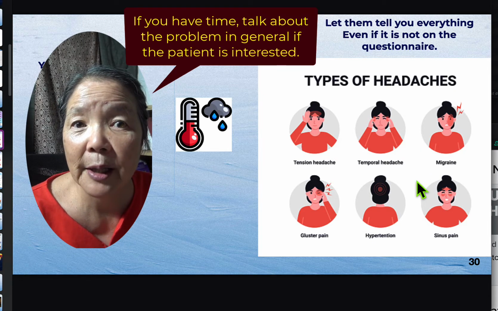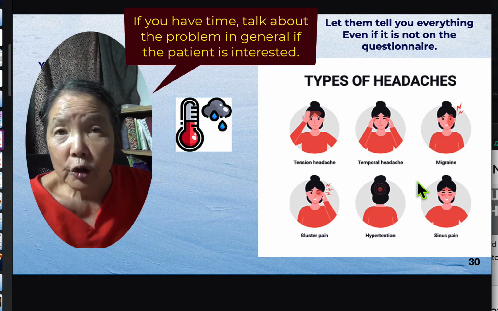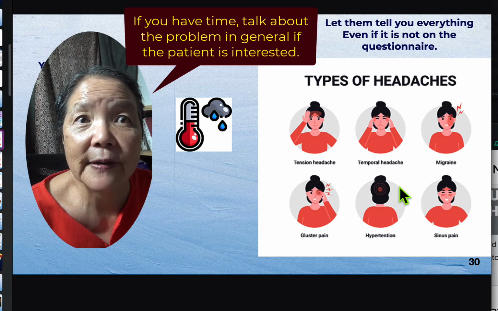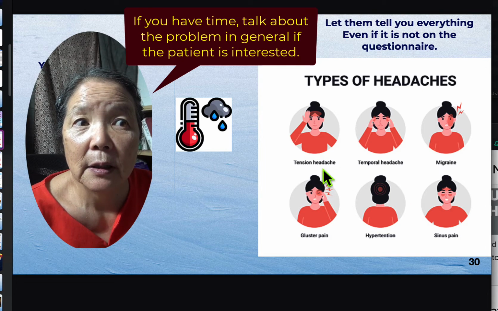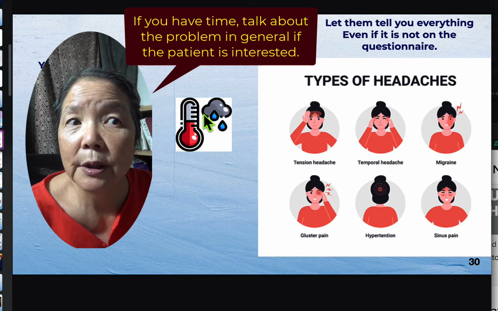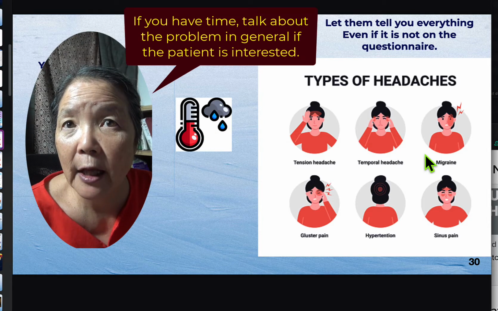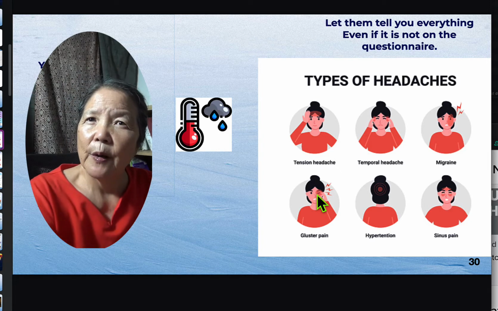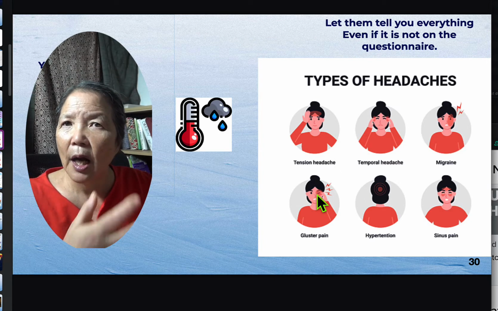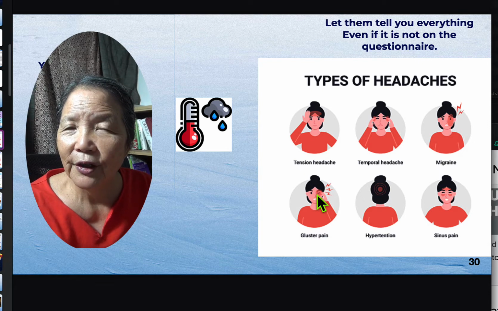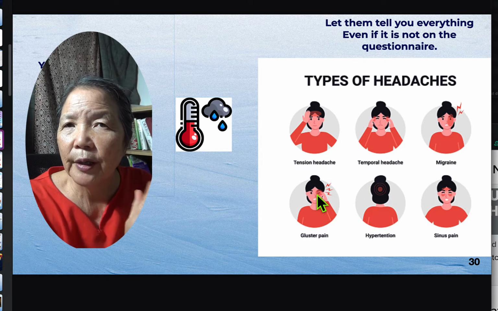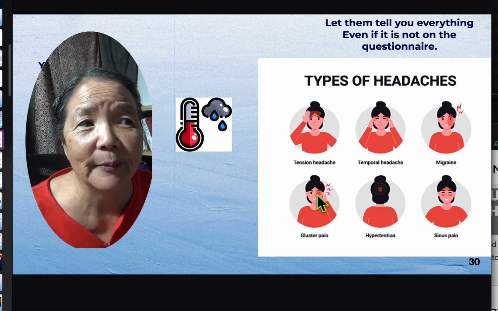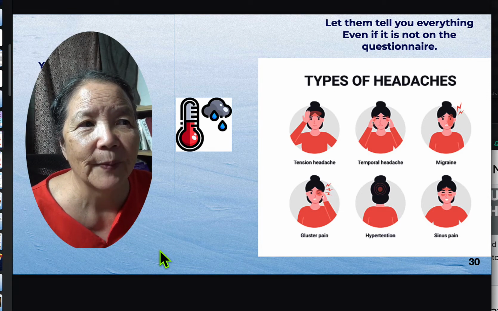But if you have time, and if they want to talk about that, encourage them to talk as they see fit. Even though you're talking about humidity and they stray off the path, allow that because you really want to know the whole story. You don't just want to know the narrow questionnaire story. Unless you're in a huge hurry. That happens also.